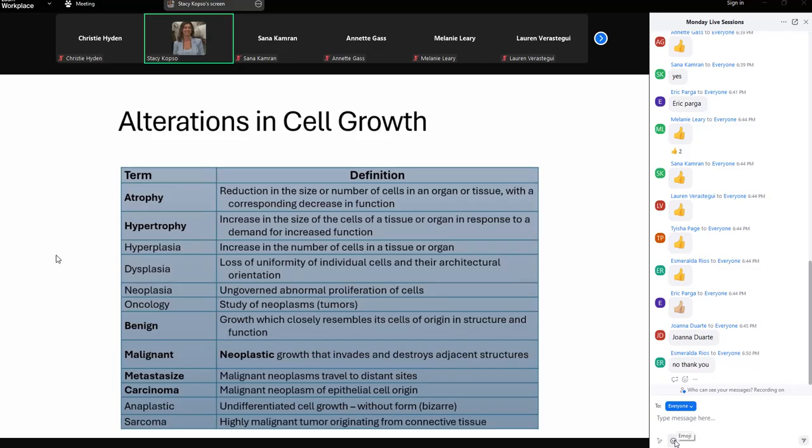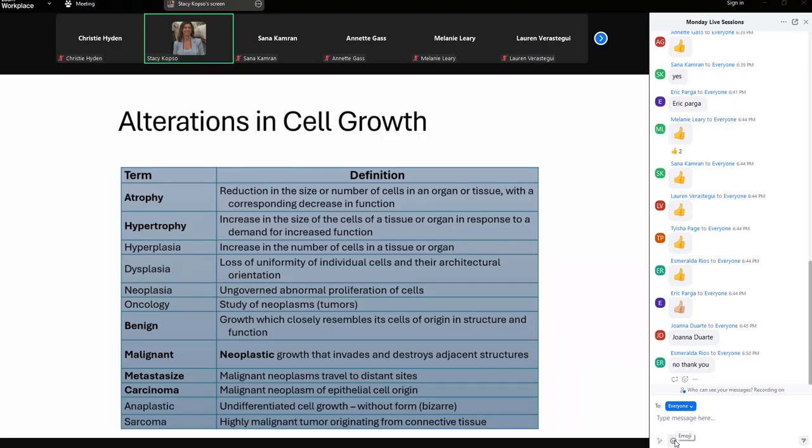Benign and malignant. I'm sure you know that by being in the healthcare field. Benign is negative, right? It resembles its cells of origin, but malignant is when neoplastic growth invades and destroys the structure. So malignant is, you're cancerous, carcinoma, cancer causing there. Metastasize, that's when that malignant neoplasm, the malignancy, travels to different sites.